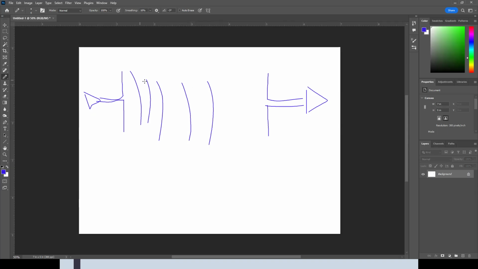Then you can get the most benefit out of that. This electric field is going to hit the antenna in such a way that it is going to create a wave here, right?